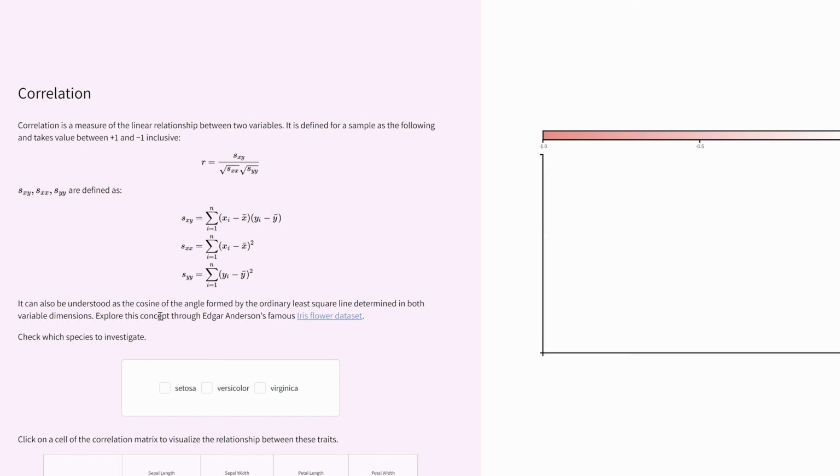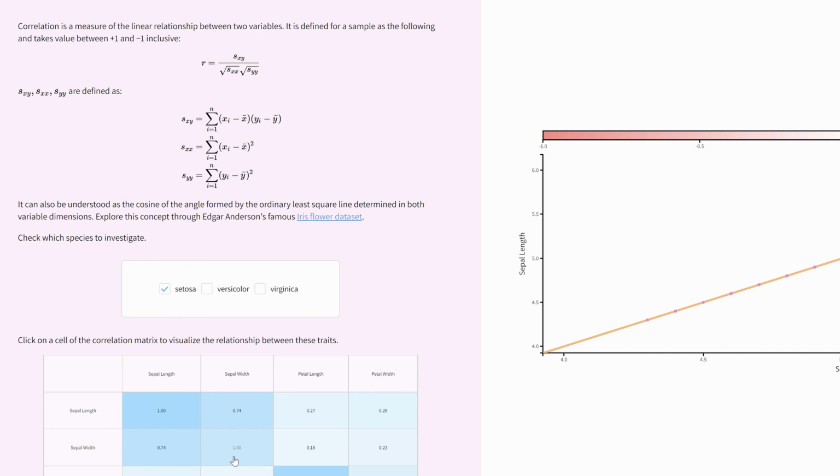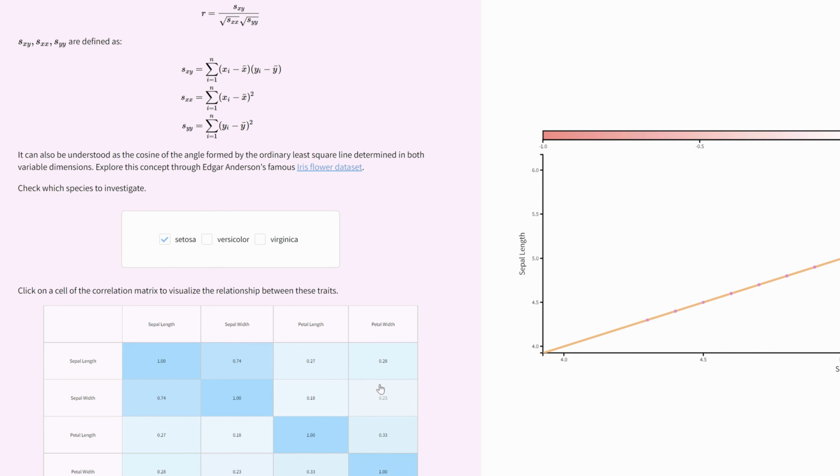And the correlation can also be understood as the cosine of the angle formed by the OLS line determined in both variable dimensions. And this I don't know. Setosa. All right, I've got a correlation matrix here of Setosa, length, width.